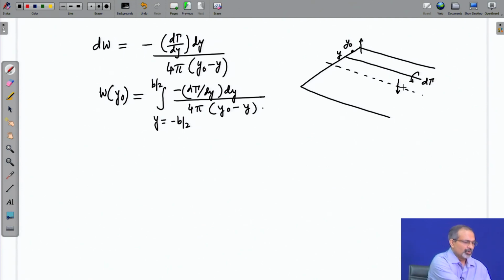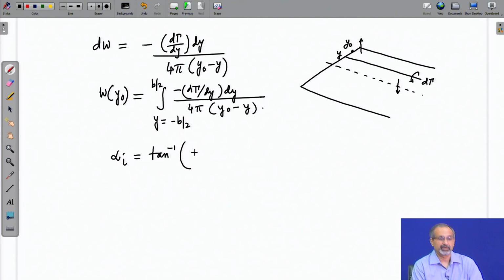Now, we recall the induced angle of attack, which we discussed in one of our previous lectures on finite wings. The induced angle of attack, we indicated it as alpha i, and you may recall that it can be given by tan inverse of minus w at y naught by u infinity.